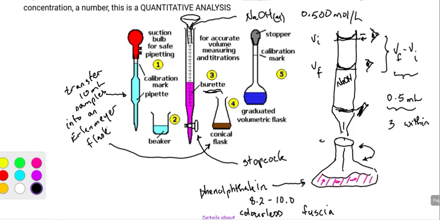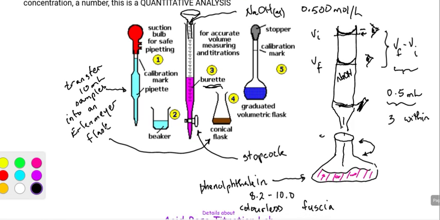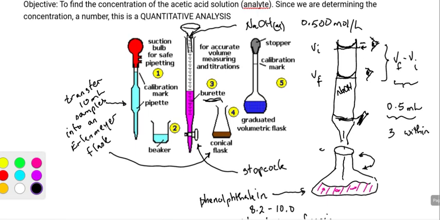So then this becomes a stoichiometry question, because you would know not only the concentration of sodium hydroxide, but with the burette, you'll know the volume that you used as well. So again, we can use the volume and the concentration to figure out the number of moles.